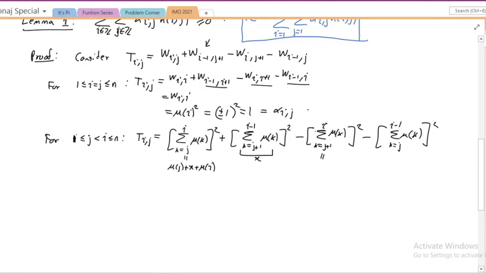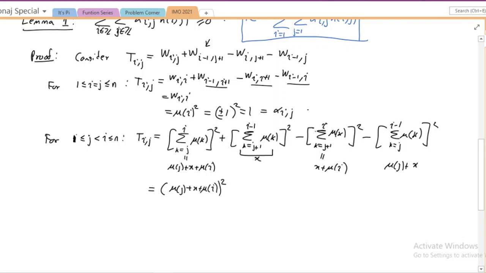So we do the same here. Here we don't have j, so just x and mu i. Here we have j and the remaining ones, and they don't have i, so this is what we get. So this is actually going to be equal to this squared.